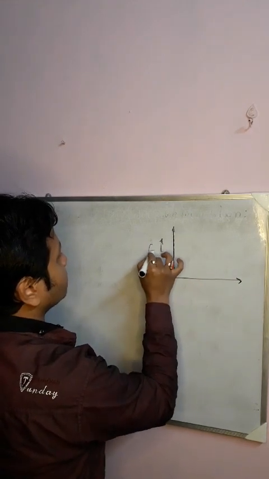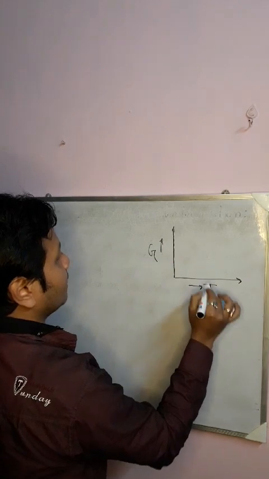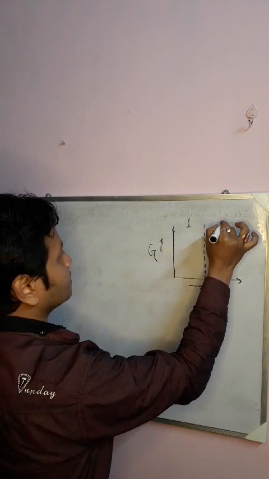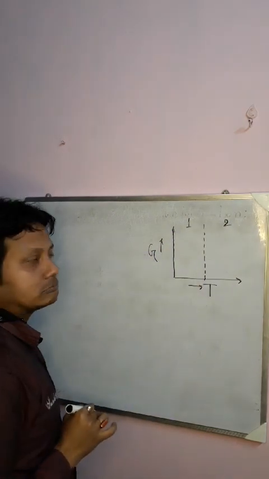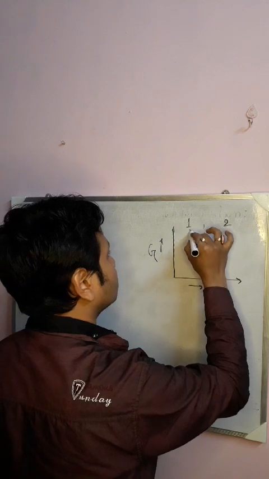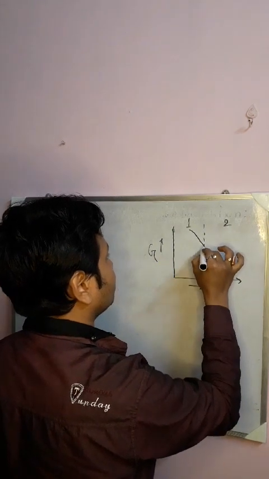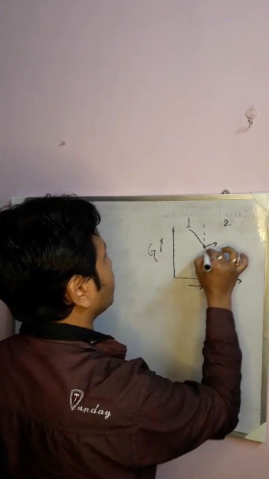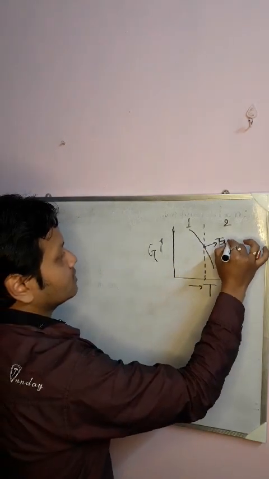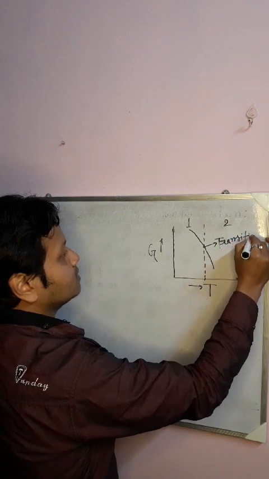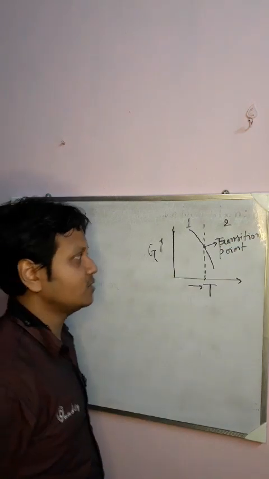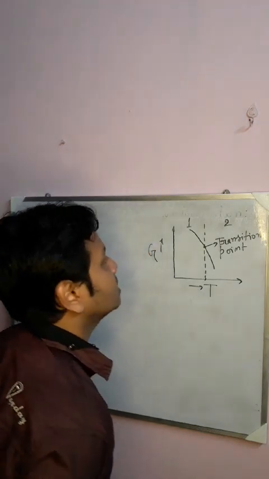You take Gibbs potential here, and this is temperature, and this is the transition line. This is say phase 1 and this is say phase 2. So there is a continuous change. That means if you plot a curve, it looks like this. That means at this, which is called the transition point, the changes you see are continuous. Okay, there is a continuous change of G.